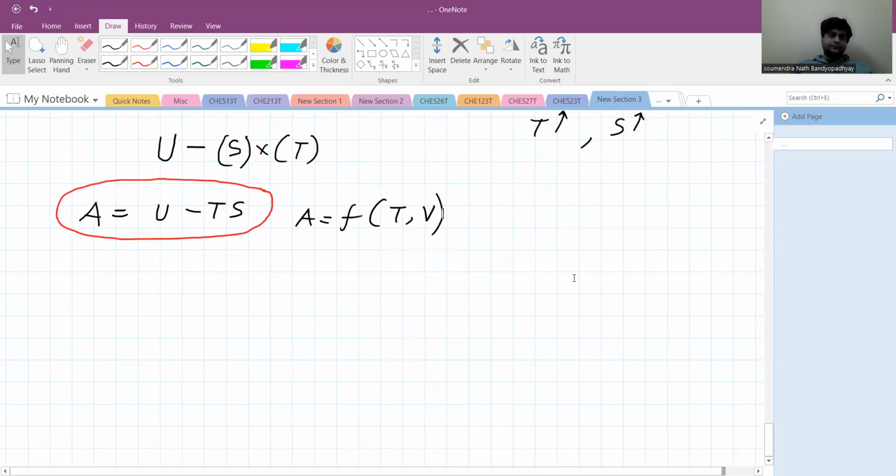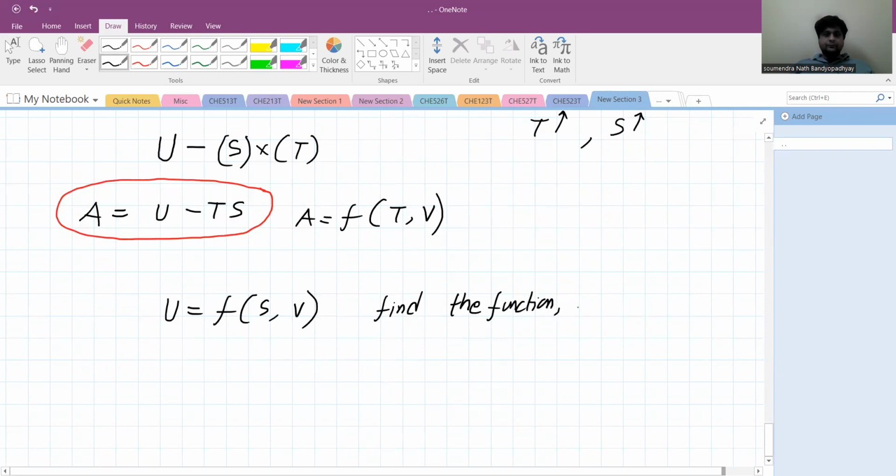Next is, well, I can go on and on. If U is a function of natural variables S and V, find the form of the function which depends upon T and P, temperature and pressure. So what is the rule?